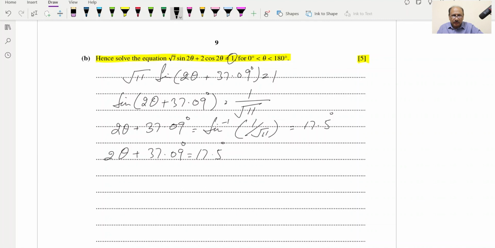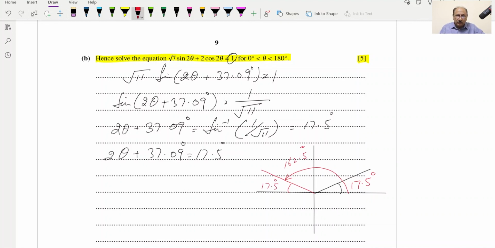We can draw the quadrants, and 17.5 is this one, so we can take this as 17.5 degrees, and the second angle for sine is this one, which we can take as 180 minus 17.5, so it will be 162.5 degrees.